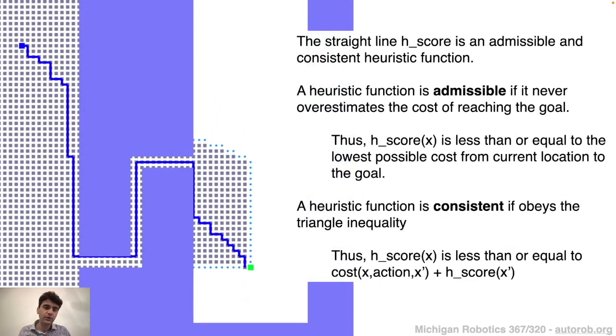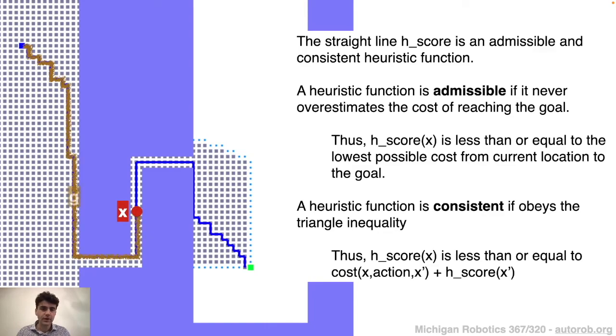Back within the algorithm is where the admissible heuristic is actually implemented. In particular, the heuristic function was the H score within the pseudocode. This was the straight line distance from the node that's considered for expansion to the goal node. Here on this slide you can see the definitions for admissible and consistent, which A star requires for its performance to be guaranteed.